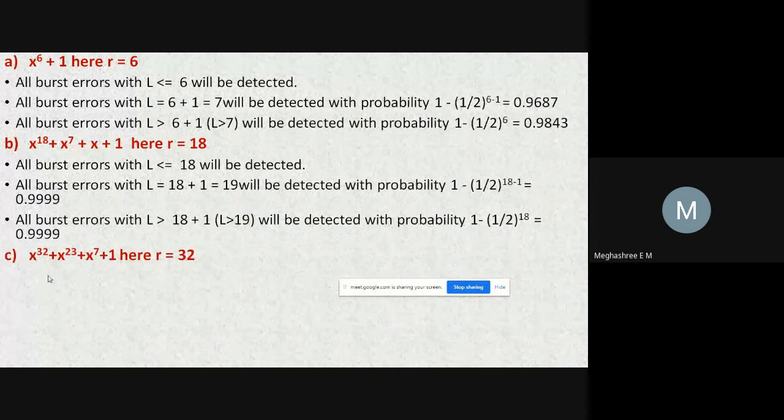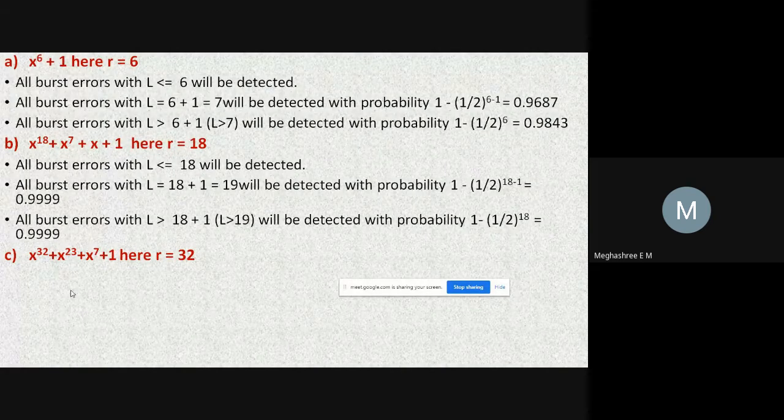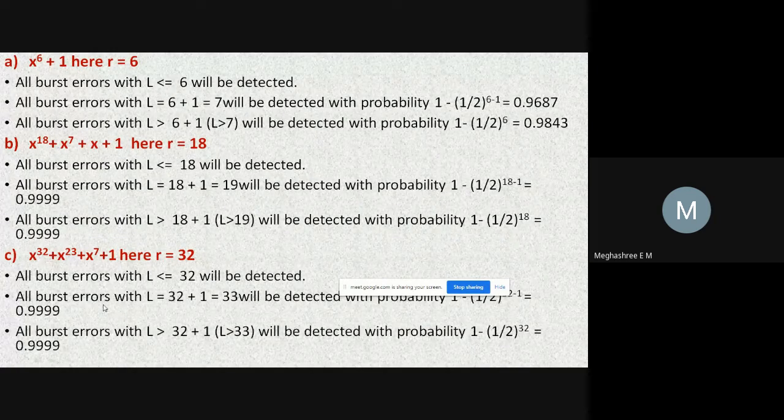And the next given polynomial generator is x power of 32 plus x power of 23 plus x power of 7 plus 1. Here you can see the degree of the polynomial is 32. Again, apply the statements here.